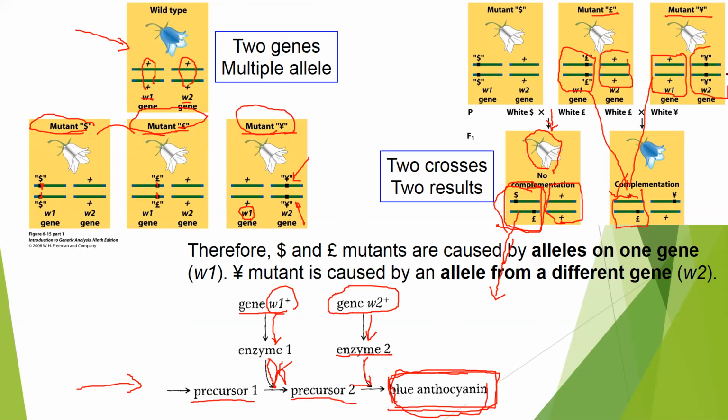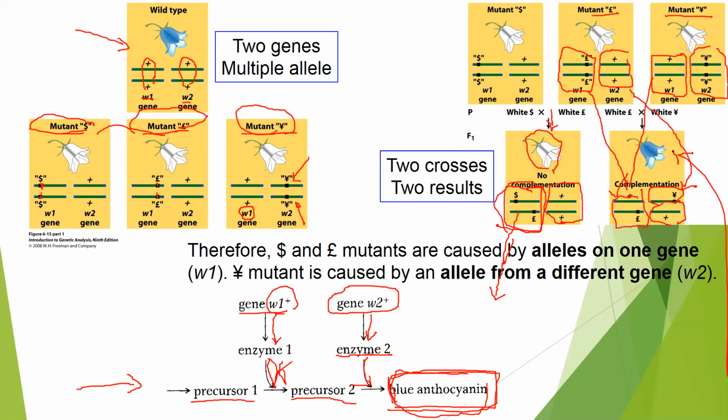One copy is the wild type and the other is the mutant. So which means both steps in this biological pathway are functional, then this will give us the wild type, the purple flower.